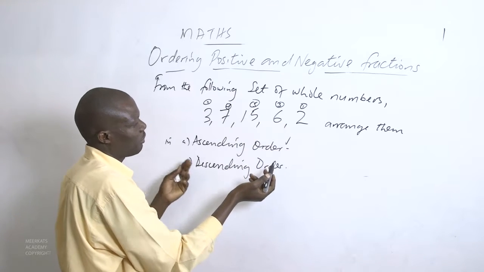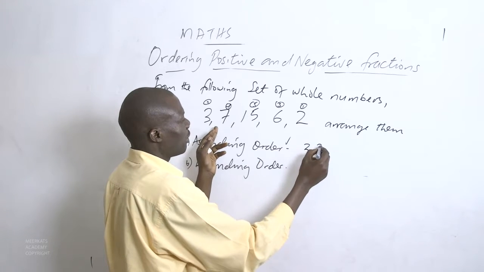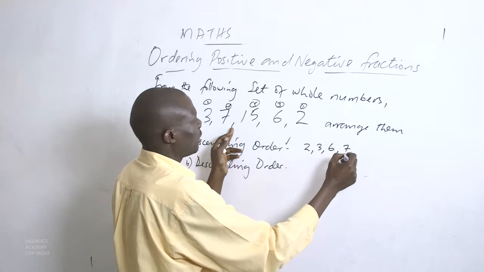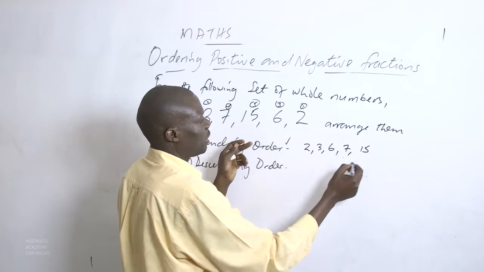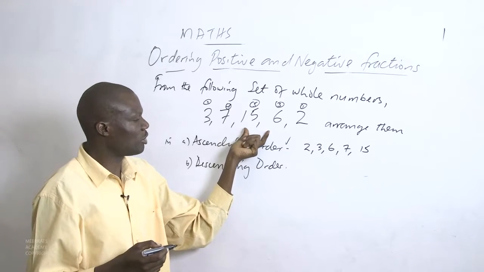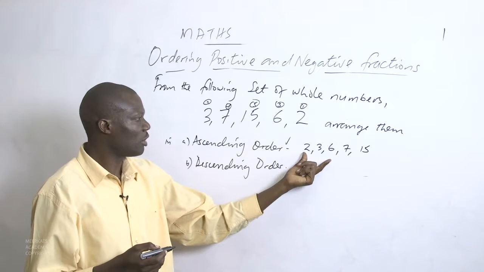The order will be 2, then 3, then 6, then 7, then 15. So we have been able to arrange a set of numbers in ascending order.